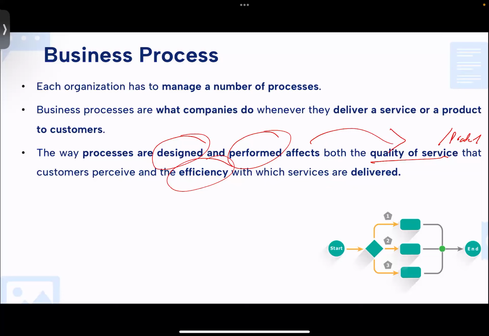Are you clear about that particular factor? Let me, are you clear? Hashini, are you clear? What about Gauri? Are you clear, Gauri?